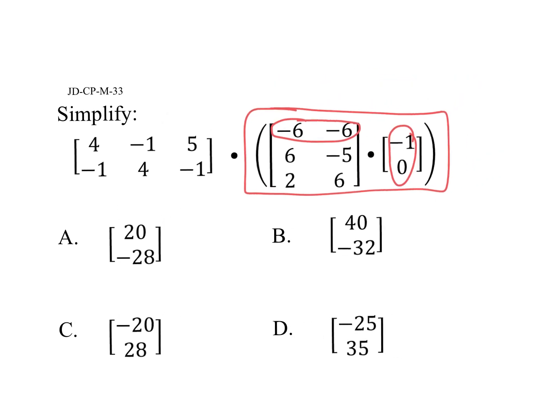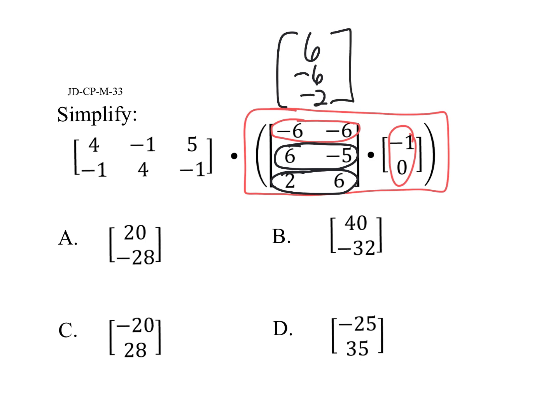So that's going to be 6. And then for the middle row, 6 times negative 1 plus negative 5 times 0 would end up being negative 6. And then 2 times negative 1 plus 6 times 0 would be negative 2. So we're done with that part now.